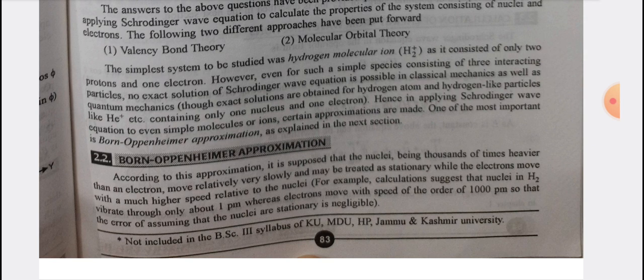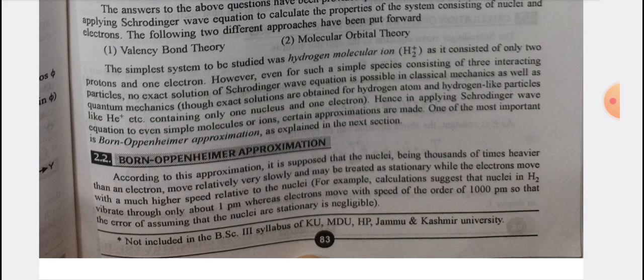Though exact solutions are obtained for the hydrogen atom and hydrogen-like particles like He+ etc., containing only one nucleus and one electron. Hence, in applying the Schrödinger wave equation to even a simple molecule or ion, certain approximations are made. One of the most important is the Born-Oppenheimer approximation, as explained in the next section.